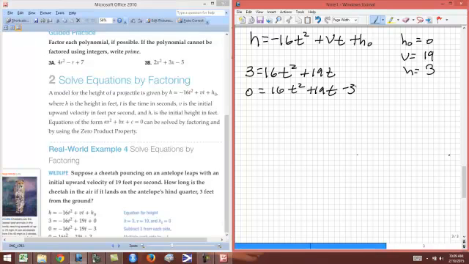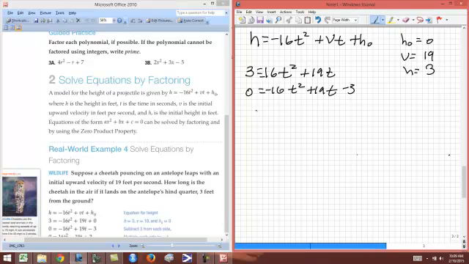Okay, now a is 16, negative 16, sorry. Now, one of the things we can do to make things easier for ourselves, let's do this. We've got a negative 16 as our leading coefficient, plus 19 minus 3. We like having the leading coefficient be positive. Now, you don't have to do this, but I recommend it.